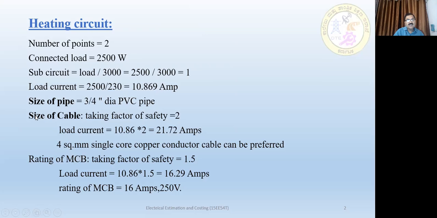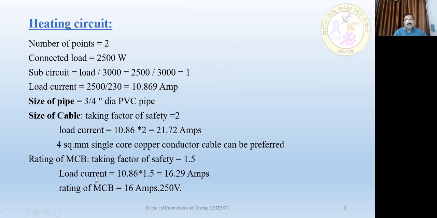Now we have selected the size of cable and size of pipe. Then we have to specify the rating of MCB used at the distribution board for the heating circuit. Rating of MCB can be calculated by taking factor of safety of 1.5. This I have shown in the table in the previous session.